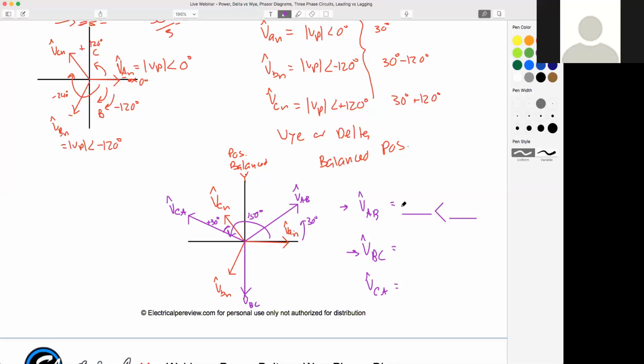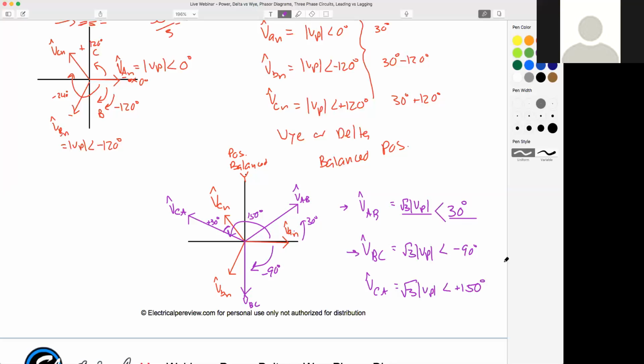We know this is just going to be square root 3 times V phase, and this was 30 degrees. These two have, of course, the same magnitudes, right? And we said our B was minus 90 degrees. And we said our C line voltage was plus 150 degrees.